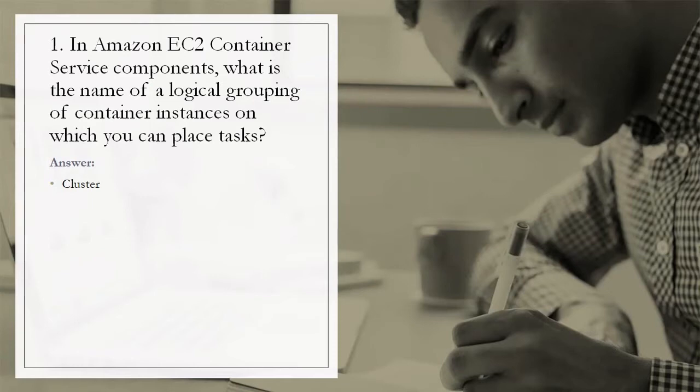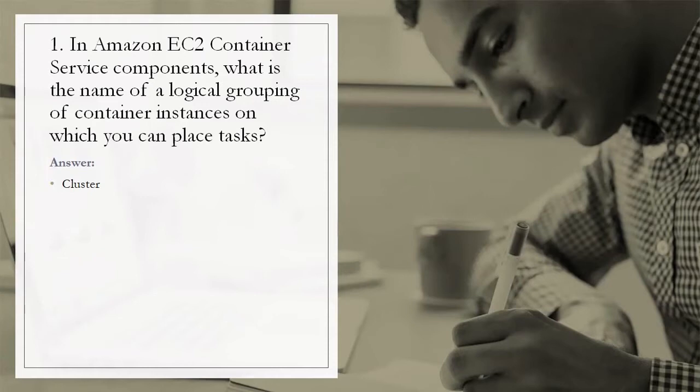Let's begin with the first question: in the Amazon EC2 Container Service component, what is the name of the logical grouping of container instances on which we can place tasks? The answer is cluster. Why is it a cluster? Let me explain in detail.